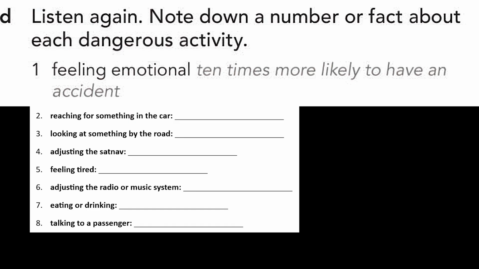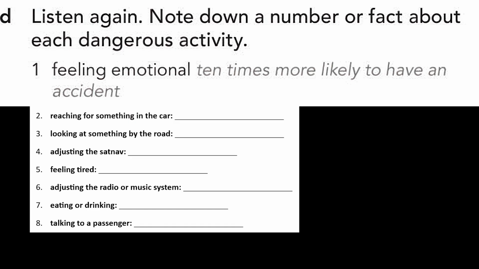Well, this is really surprising. Top of the list is driving when you're feeling emotional. The researchers found that you're nearly 10 times more likely to have an accident if you're feeling very sad or angry or stressed. If you're emotional, then you can't concentrate on the road, and you'll probably make bad decisions if you find yourself in a dangerous situation.